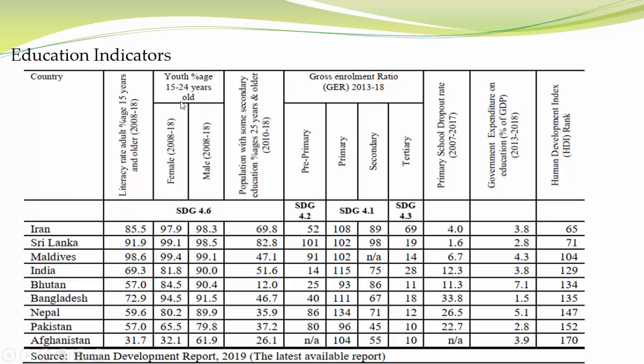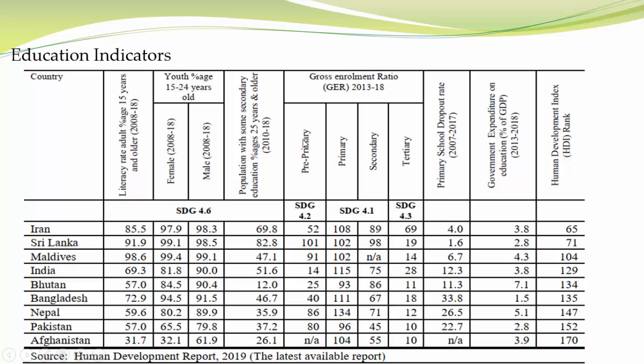Youth literacy, 15 to 20 years. In Iran it is 97%. In Sri Lanka, it is 99%, but in our country, we see it at 65%. And this is the data for females. This is the population with some secondary education in percentage.